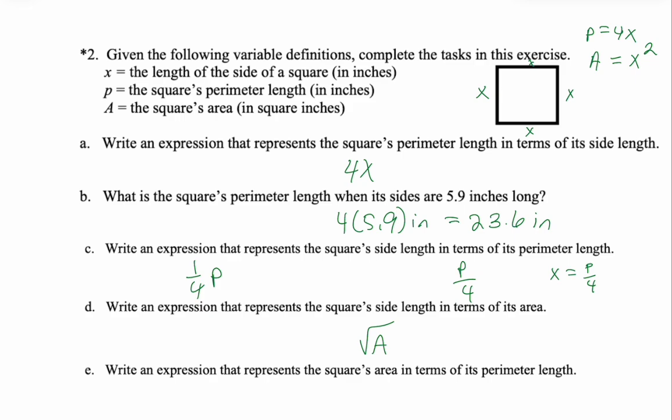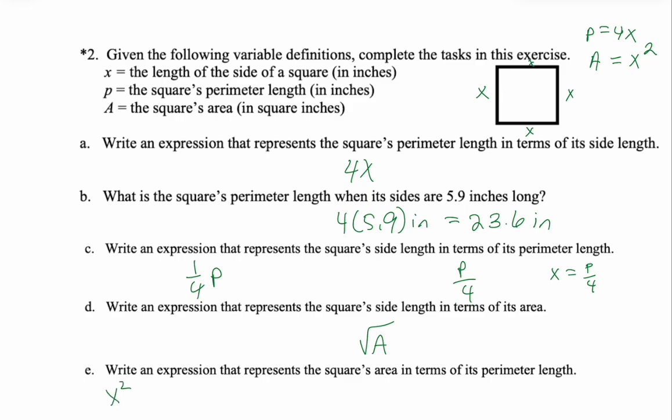And then E says, write an expression that represents the square's area in terms of perimeter. So what's the formula we normally associate with the area of a square? Length times width, side times side. In this case, x times x, right? So we would normally say that the area is x squared.